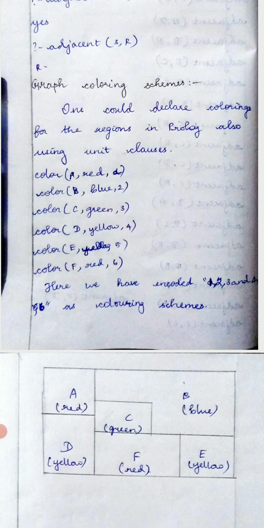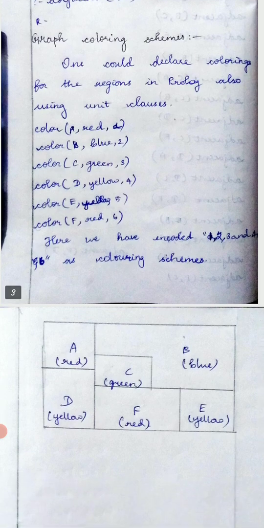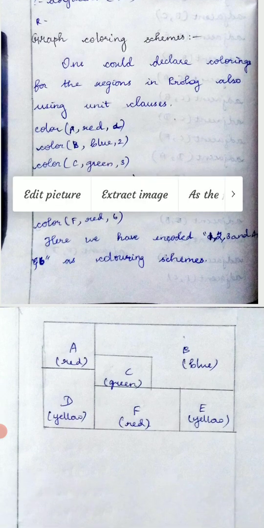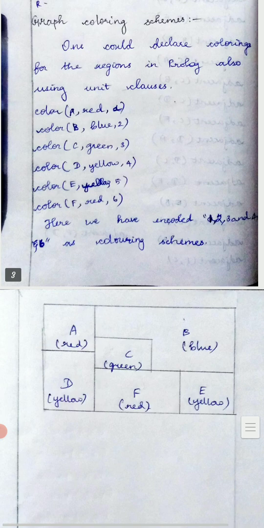First we see A. Color of A is the scheme name, comma, red is the color given by the scheme, and comma 1. The 1 denotes the coloring scheme, that is, the encoded variable. We should provide some variable to this particular scheme.